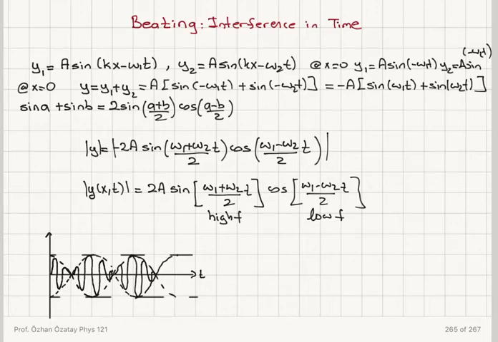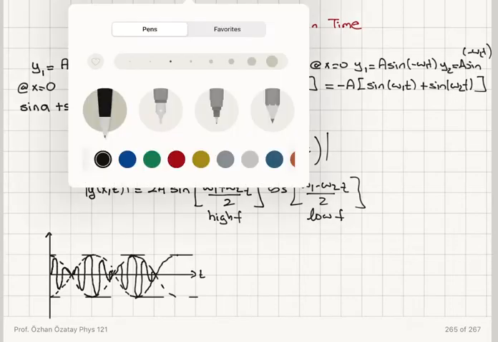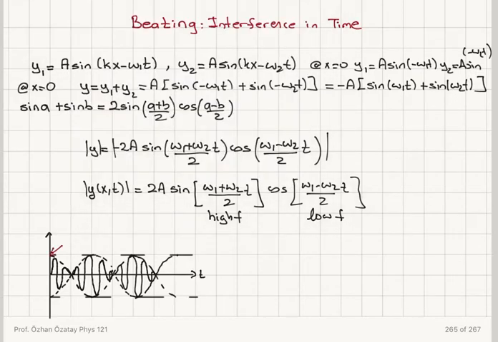So if one listens to this sound that is created by the interference in time of two waves with different frequencies, you will be detecting these maxima. So you would be hearing this one, this one, this one, this one, etc. You would be hearing the maxima.